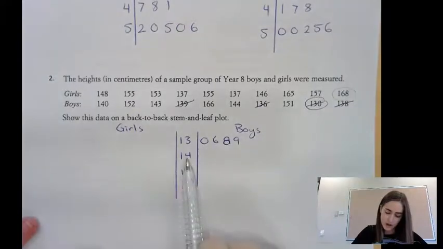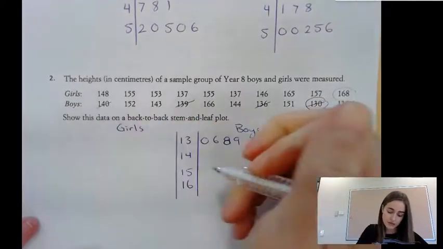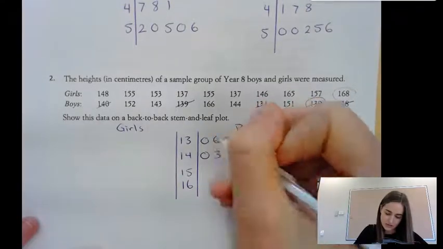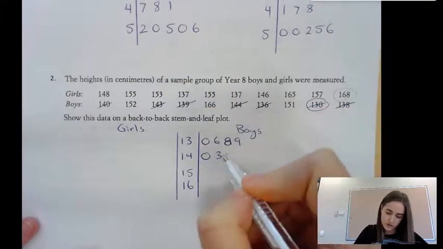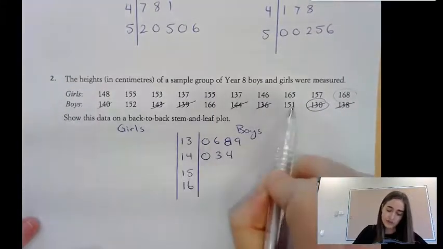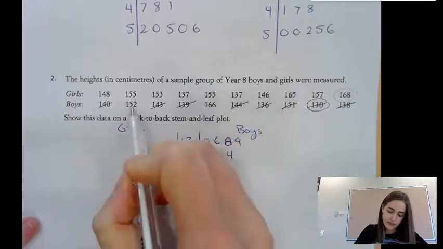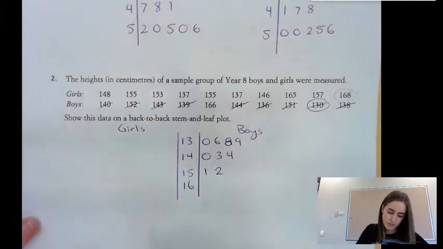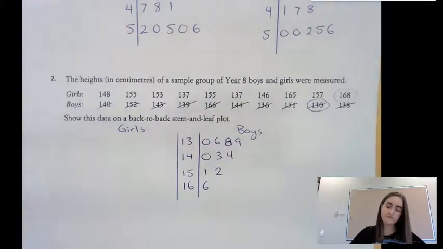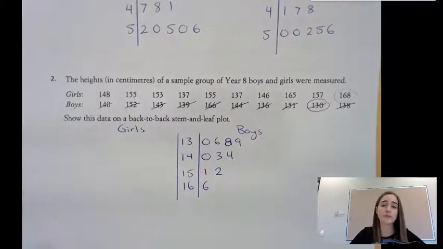All right, my next one, I've got 140. I've got 140 there. Got 143. Got 144. Then in my 50s, I've got 151 and 152. And then I also have 166. So that's my boys done in an ordered stem and leaf plot.